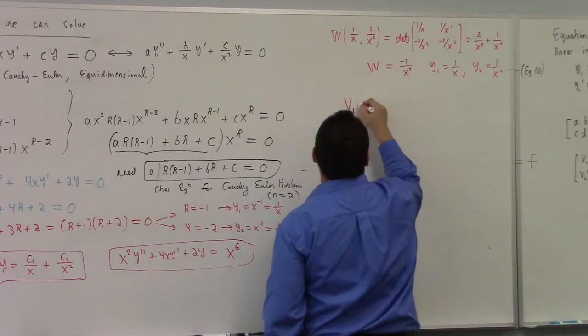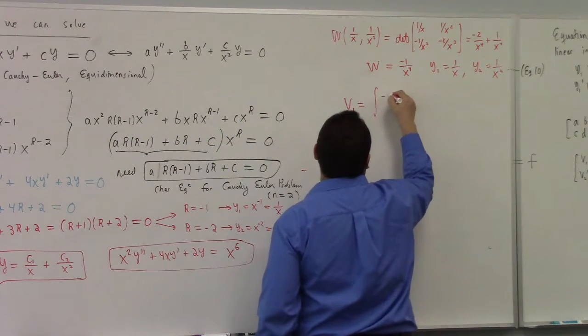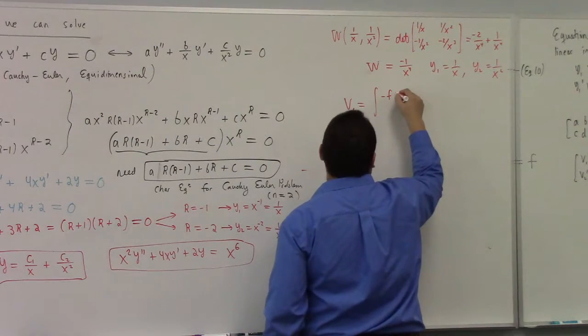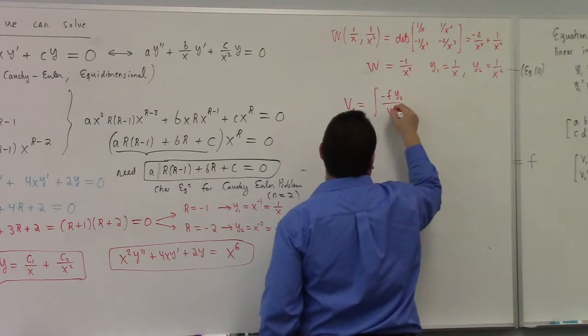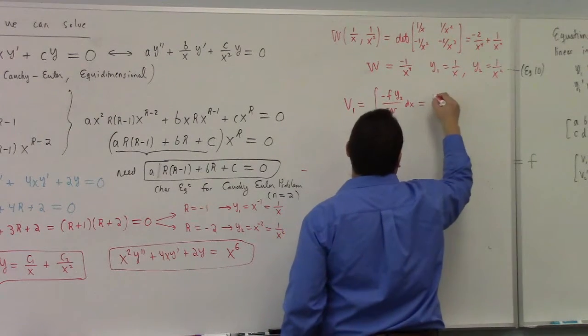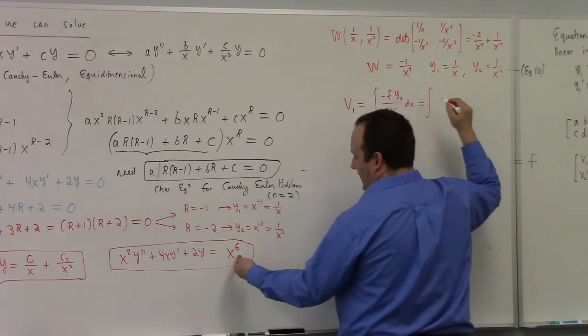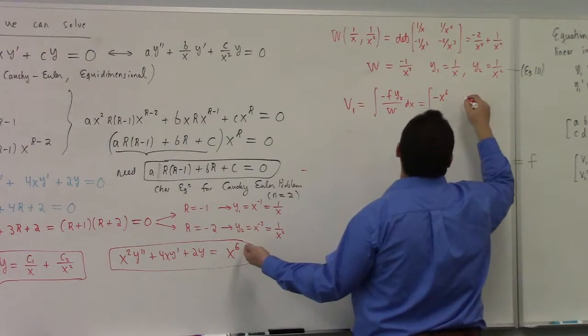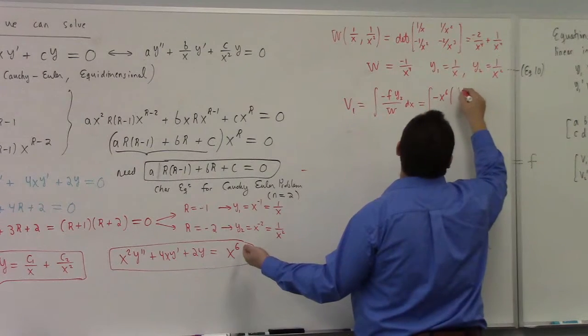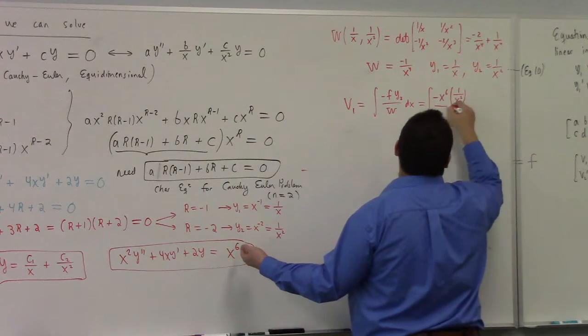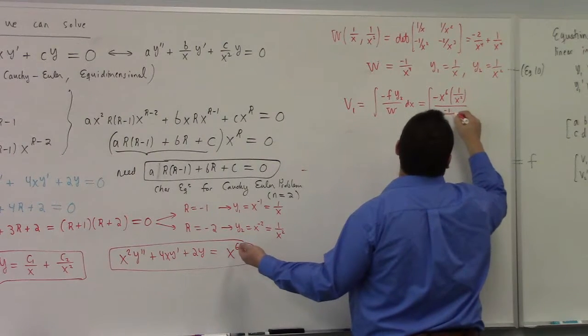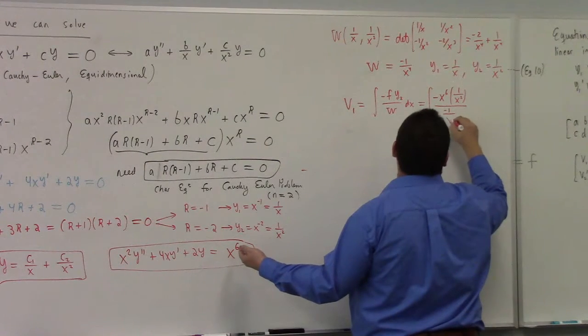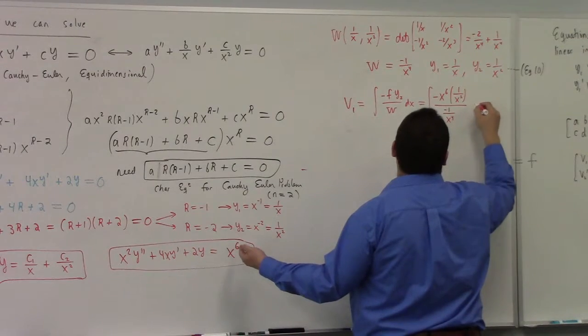My v1, again, is the integral of minus f y2 over the Wronskian. And here, I'm making f equal to x to the 6th. So I've got minus x to the 6th. My y2 was what? 1 over x squared, right? And my Wronskian was minus 1 over, what did I say? x to the 4th, dx.